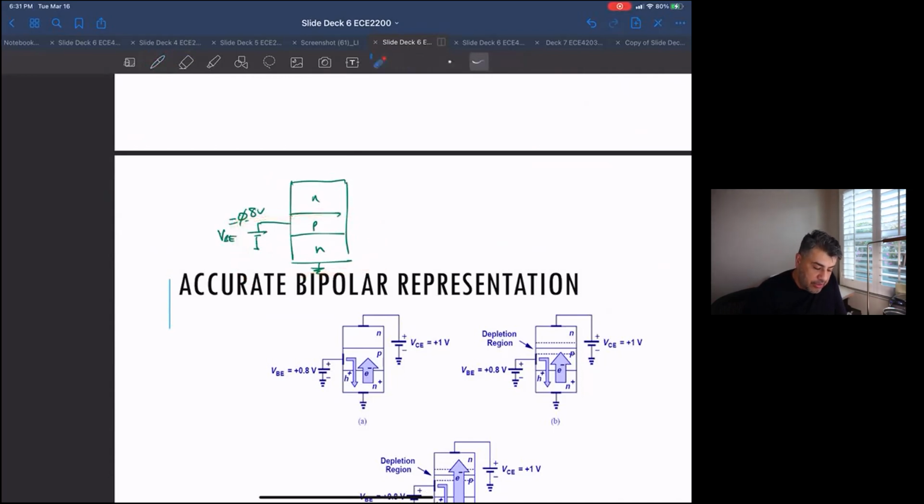If I just look at that part, it looks like the P is at 0.8 volts and the N is grounded. So this PN junction, the base emitter junction, is forward biased.